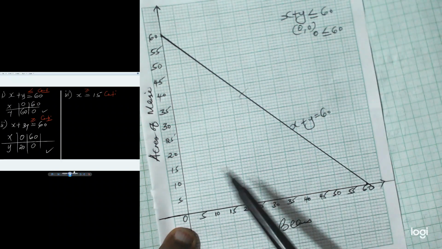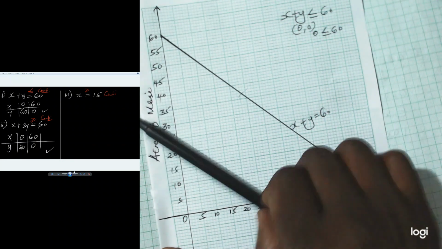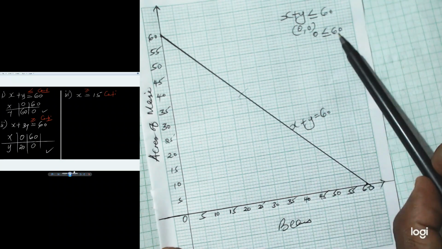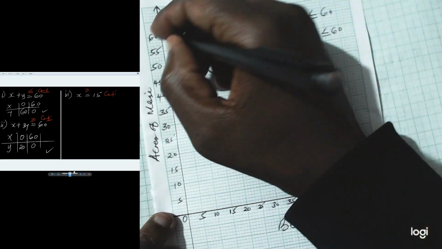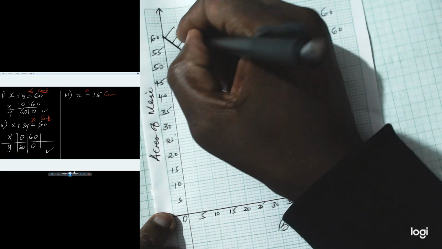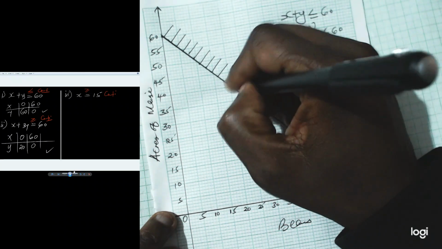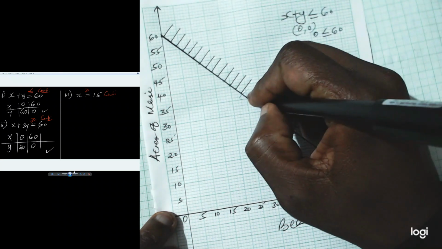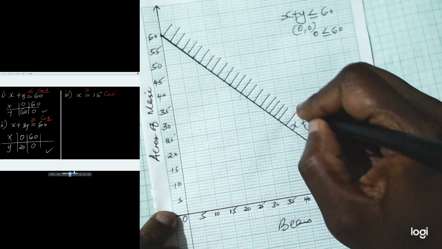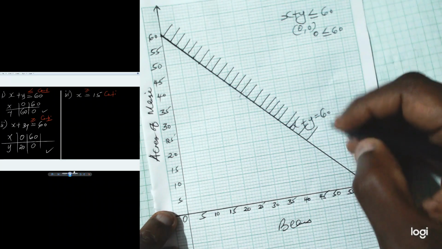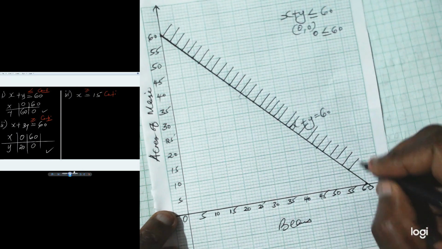So does it satisfy the side where I have picked that point? 0 is indeed less than 60. So that side satisfies the inequality. So automatically the unwanted side will be the opposite side. We can't have two sides satisfying the inequality. So any point that you pick on the side that I'm shading will not satisfy the inequality. So that point I've picked has satisfied the inequality. So that is the required region. So you shade that side like that.